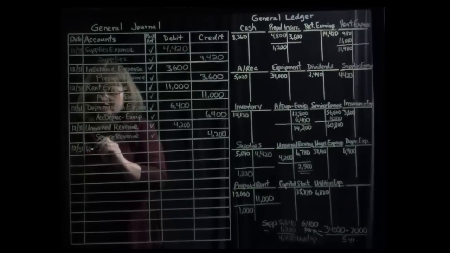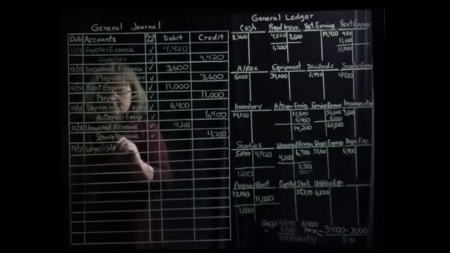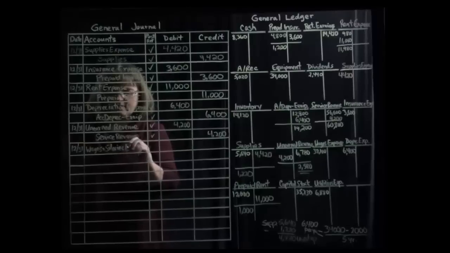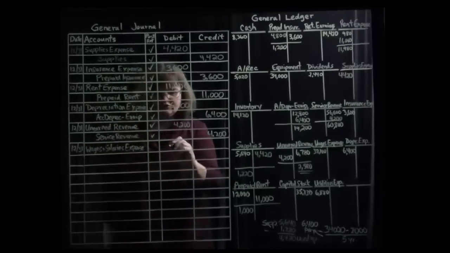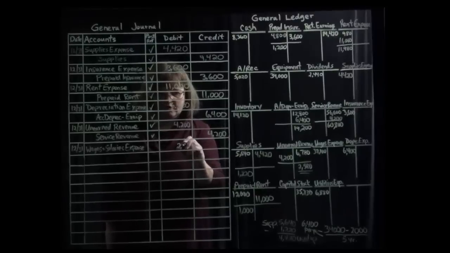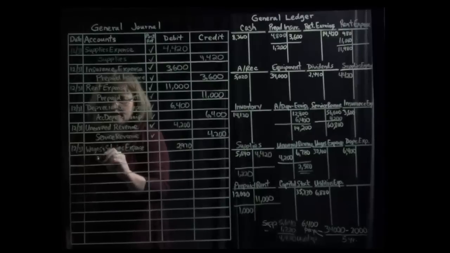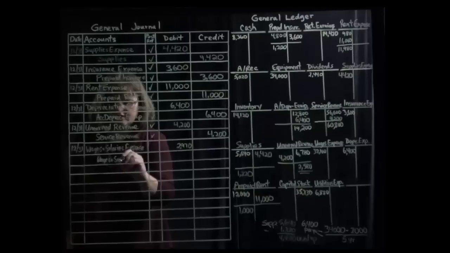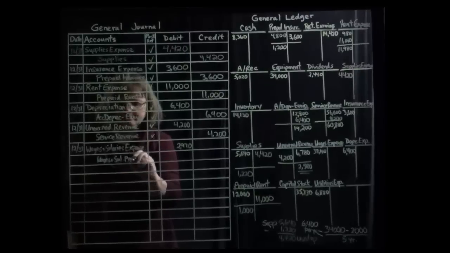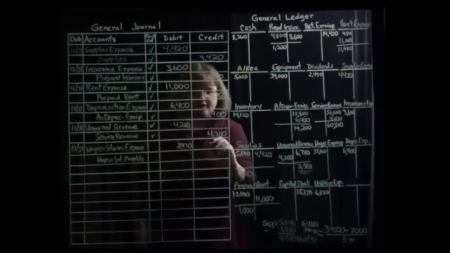So we're going to debit wages and salaries expense for that additional $2,970, and we're going to credit a liability called wages and salaries payable for that same amount.